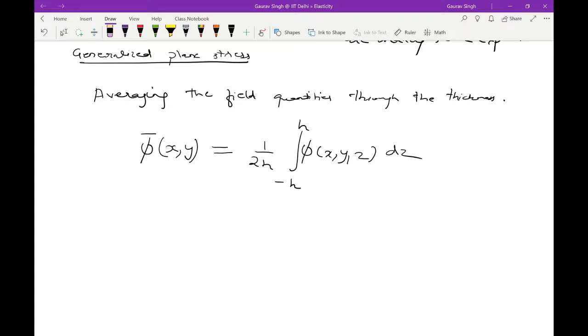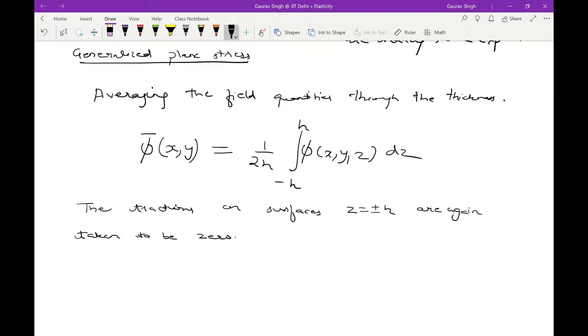So the tractions on the faces are again taken to be 0 on surfaces z equal to plus minus h, and the loadings on the edges of the plate have no z components and either are independent of z or are symmetrically distributed through the thickness.